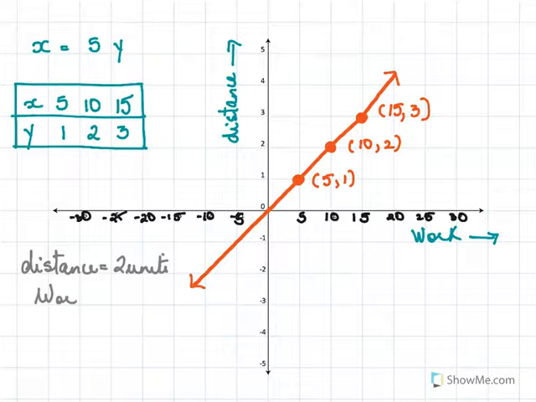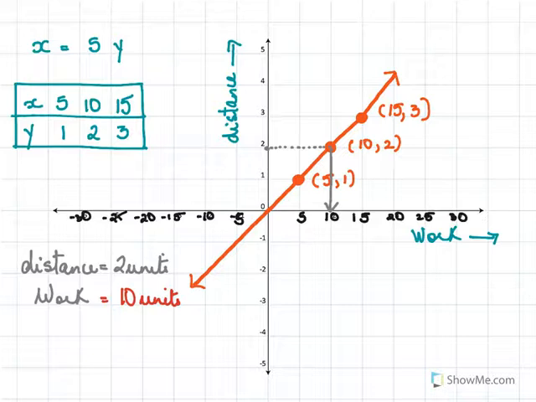We need to find how much of work. Now distance is taken on the y-axis, so 2 units distance would be here. So we're now going to find where is the work. We go up here at this point, and then here we come down. This will give us the work. So the work here is 10 units.